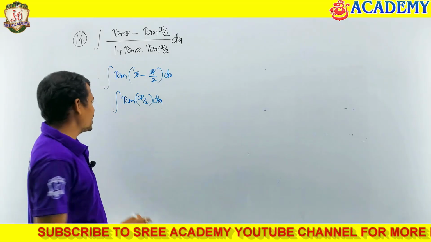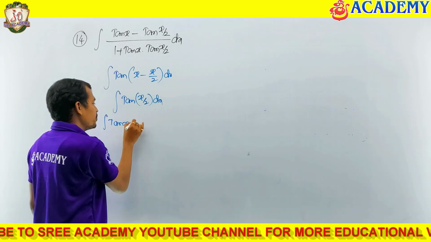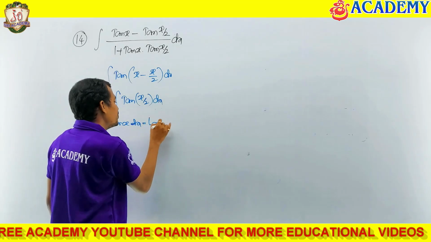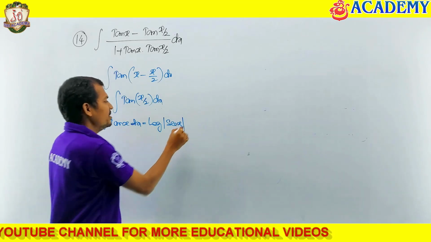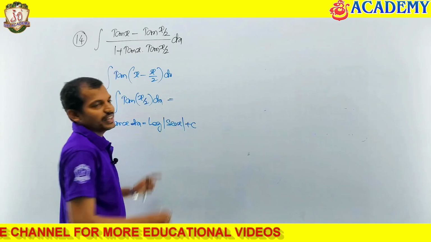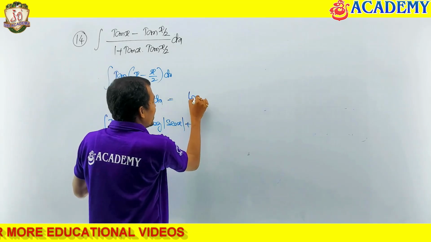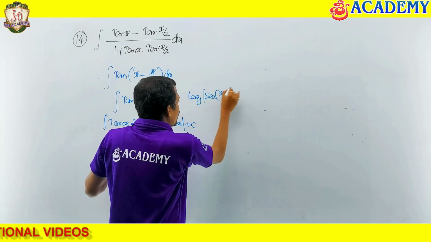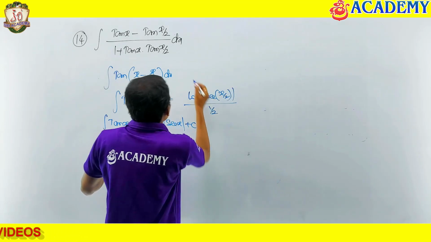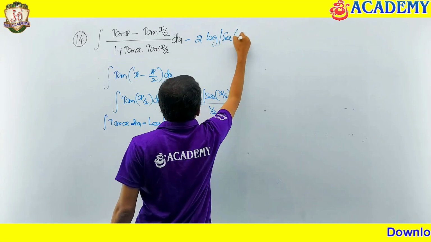We know the formula: integration of tan x is log of secant x plus c. With that, it is going to be the same. In place of x we have x by 2. That's why you will get log of secant of x by 2 whole divided by 1 by 2, which is indirectly 2 into log of secant of x by 2.